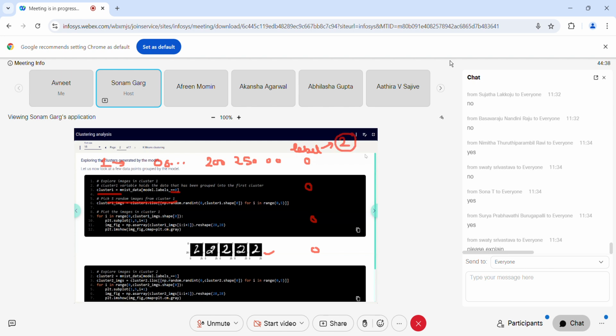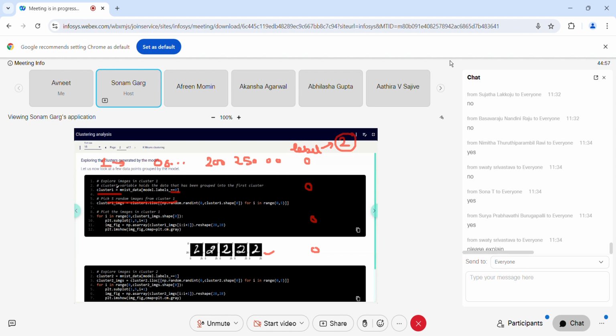I cannot print all of them here, I'm not interested in that, the system will slow down. So we pick just 5 random images from this cluster and plot them to see how they look, whether clustering has been done appropriately or not.